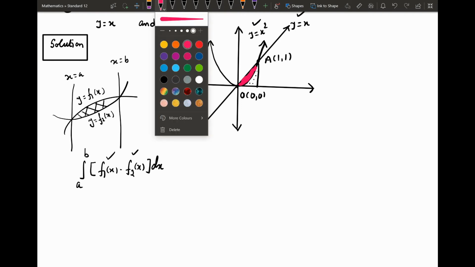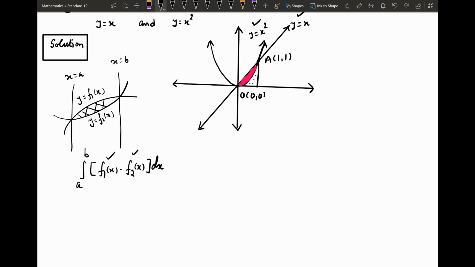So now let us find the area using this formula. A equal to mod of integral from a to b of f1(x) minus f2(x) dx. As usual, the limit will be 0 to 1.